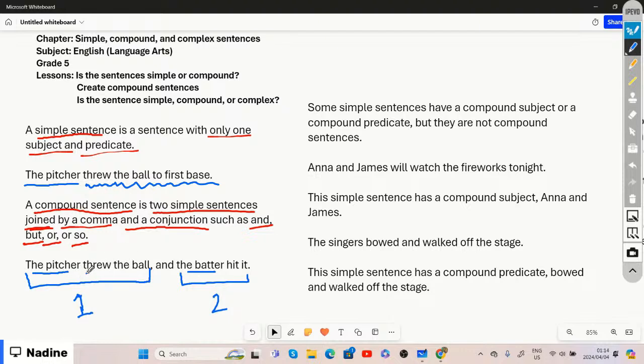The pitcher threw the ball. So threw the ball tells us what the pitcher did. What did the batter do? The batter hit it, right? So then we have our conjunction, and that is joining the two sentences.